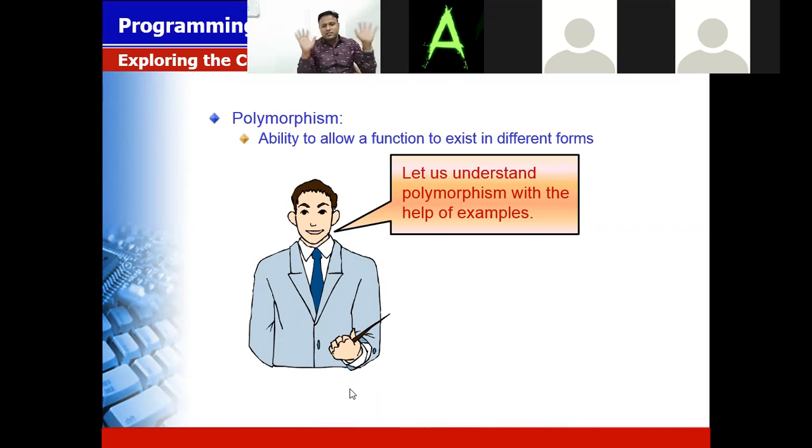So it is fixed for you. But the friends that you make, that is dynamic polymorphism. You don't know who will become your friend at birth. When you are living in the world, you make a friend. That is your decision. That is dynamic polymorphism.